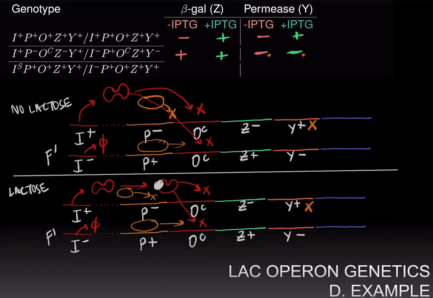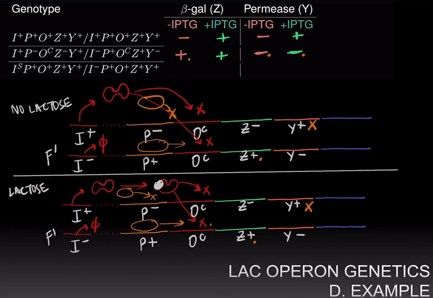Similarly, we will have expression of beta gal in the absence of lactose because the repressor can't bind OC, and we will also have expression of beta gal in the presence of lactose, once again because the repressor can't bind the mutant operator, as well as the fact that the repressor has undergone an allosteric transition and is not able to bind even the wild type operator.